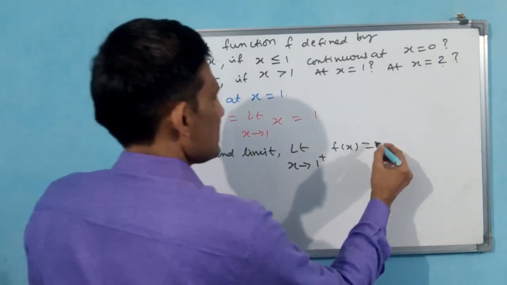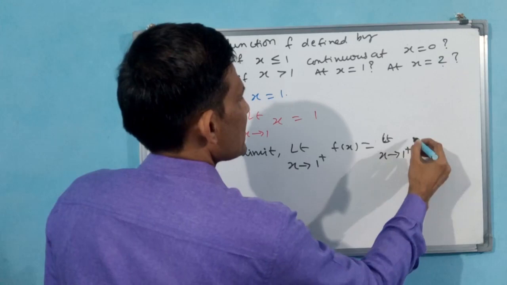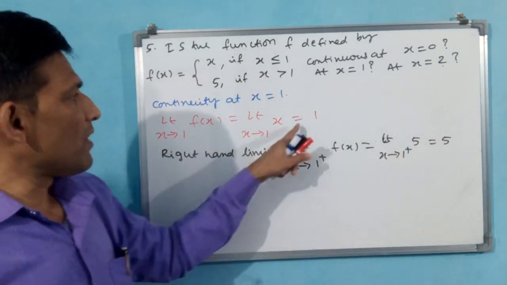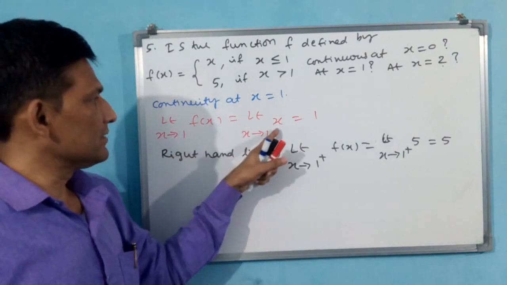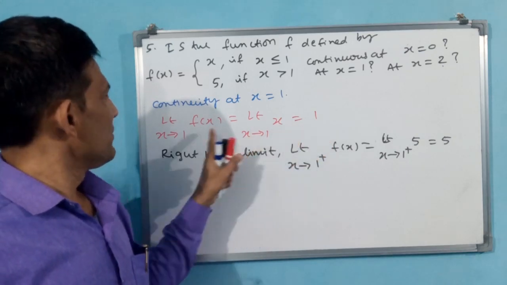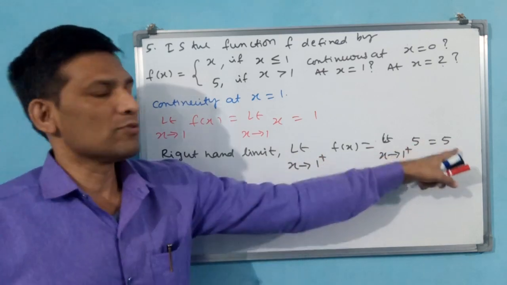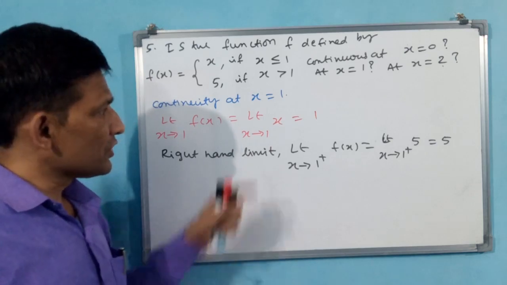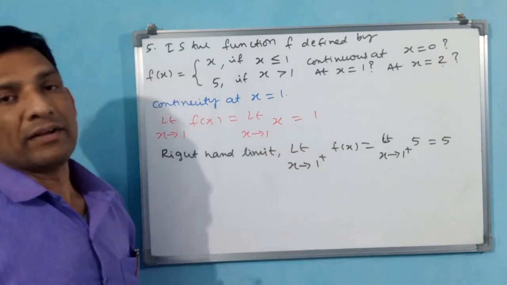One more time you have to write: that is equal to limit as x tends to 1 plus of 5, that is equal to 5. Now you tell me, is 1 equal to 5? No. That means limit as x tends to 1 of f of x is equal to 1, and limit as x tends to 1 plus of f of x is equal to 5. That means both are different. That means the function is discontinuous at x is equal to 1. Point of discontinuity, 1.